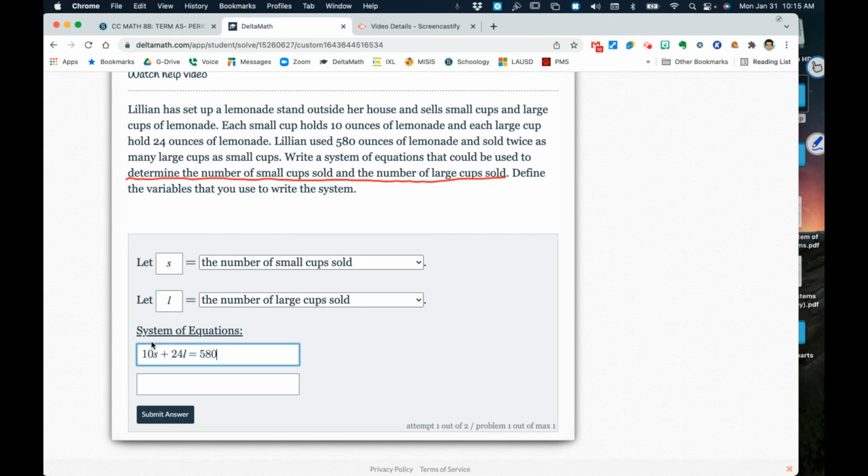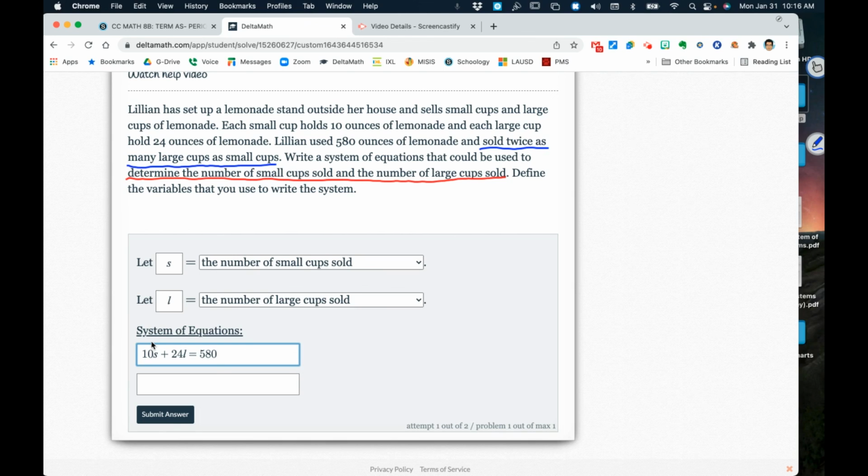What else do we have? That's one equation, right? 10S plus 24L equals 580. Is there any other information there that could give us another equation? We're looking for some information within here, the small cups and the large cups.